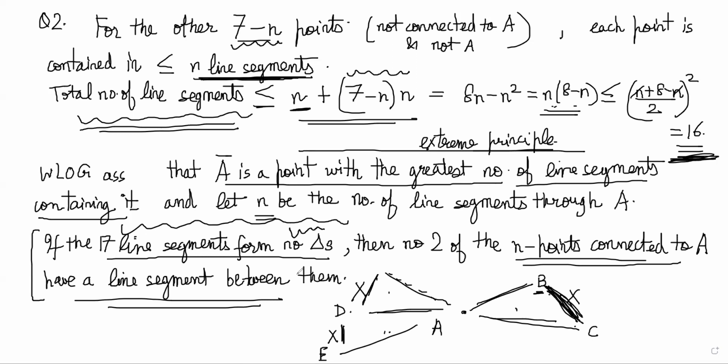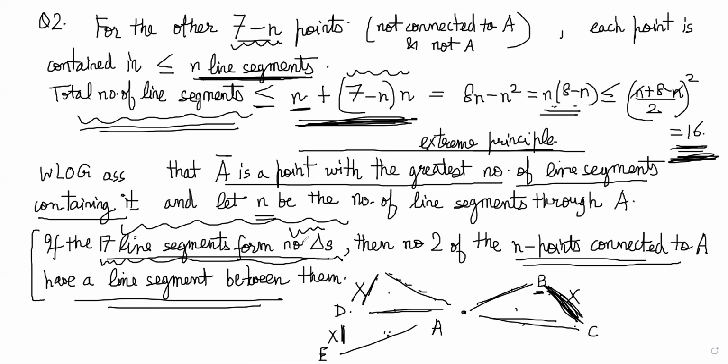So if we take it as just n, then we are getting total number of line segments less than or equal to 16, but 17 is given in the problem as the number of line segments. So we have arrived at a contradiction, and basically that shows that there will be a triangle formed, because when we assume no triangle, we get a contradiction, right? I hope you have understood what is happening here. We have assumed A as the point with the greatest number of line segments passing through it, and let's say n is that number.